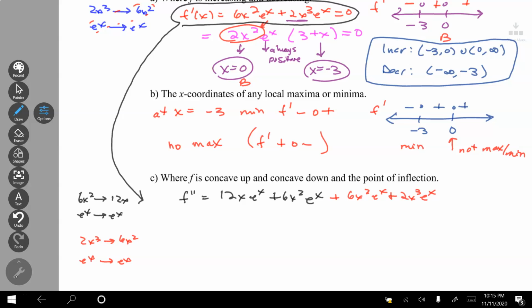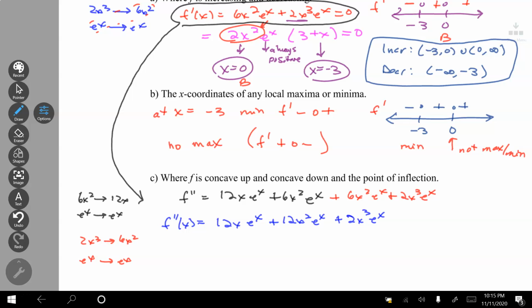And when I do this all nice together, I get f double prime of x is equal to 12x e to the x plus 12x squared e to the x plus 2x cubed e to the x.